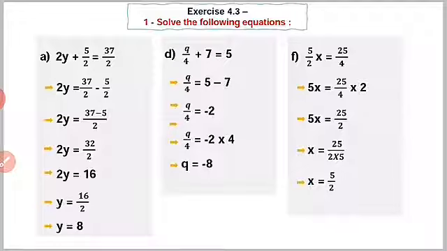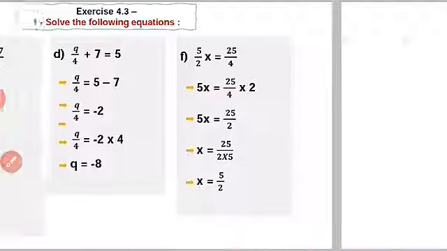Next we'll start with exercise 4.3. Taking the first question, the equation is 2y plus 5 by 2 is equal to 37 by 2. So let's solve it.